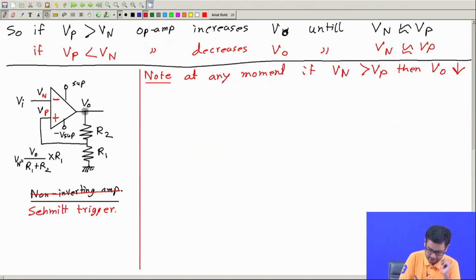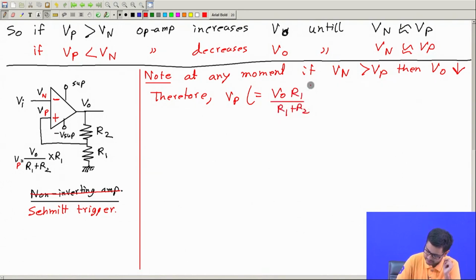Now this potential is decreasing. Therefore, what will happen to this potential, which is coming from here? This is not N, this is P. This is a fraction of the output, by the potential divider rule. Therefore Vp, which is the same as Vo times R1 by R1 plus R2, will also decrease because Vo is decreasing, right?